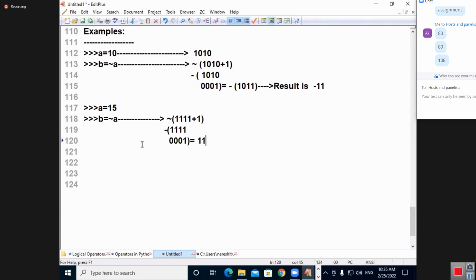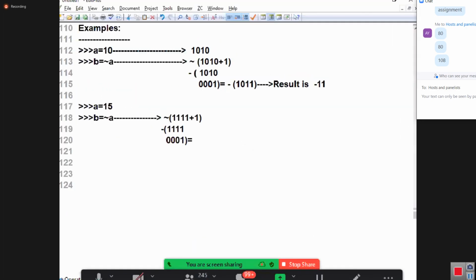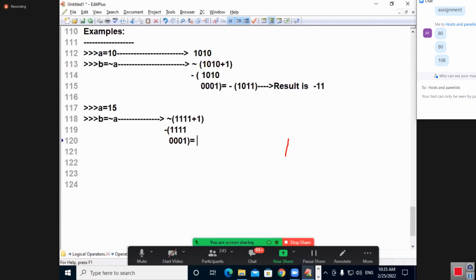Am I correct? Students, understand this part here. Okay, now you see 1 and 1 is done. It is going to be 1 with 0 carry. 1 and 1 is going to be 1 with 0. That 1 is coming on, that 1 will go there. This is called binary addition.